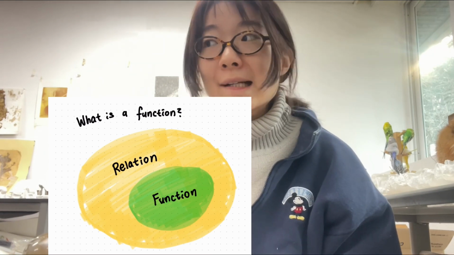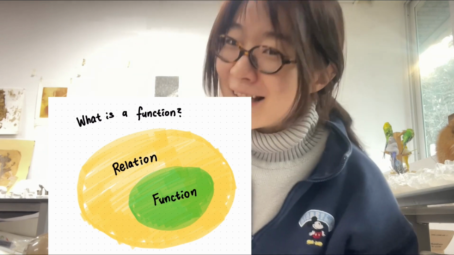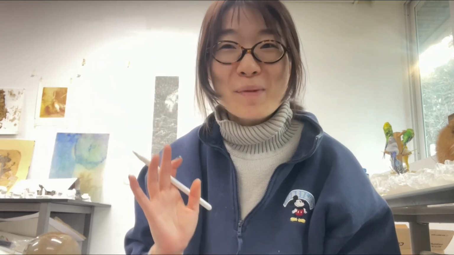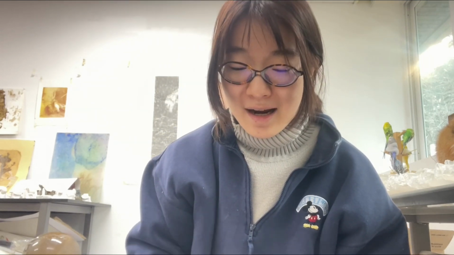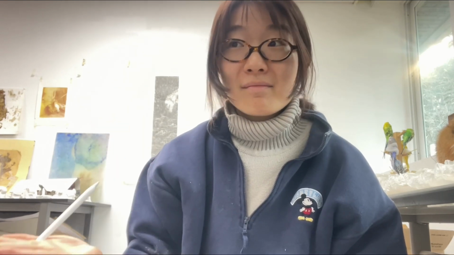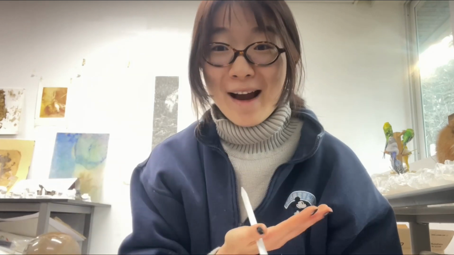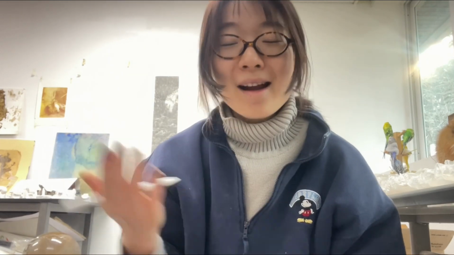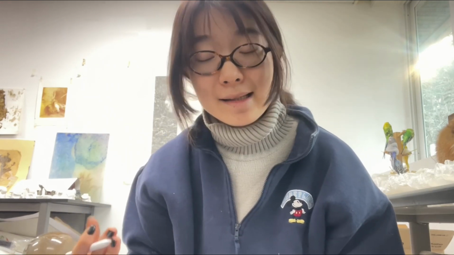So let's give it an example. This is a bit of a disgusting example, but I find this to be the most effective. So let's imagine we have Ryan, because I used Ryan as my little guinea pig yesterday, so I'm going to use Ryan again. Let's imagine Ryan eats different colored candies.